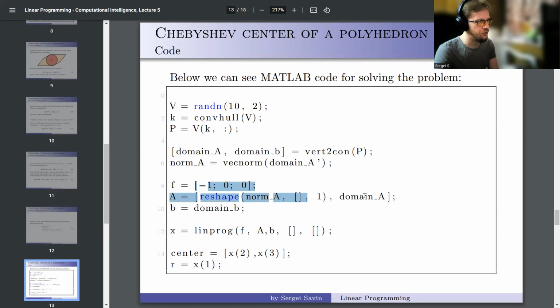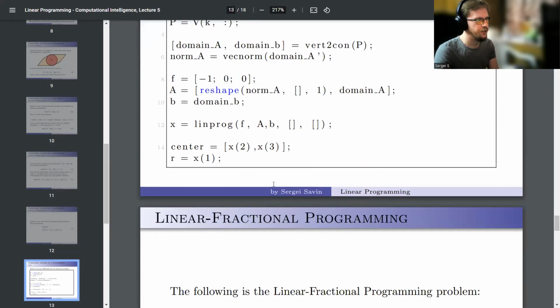So this is why it looks like this. B is, yeah, this is b. I have a suspicion about spelling here.